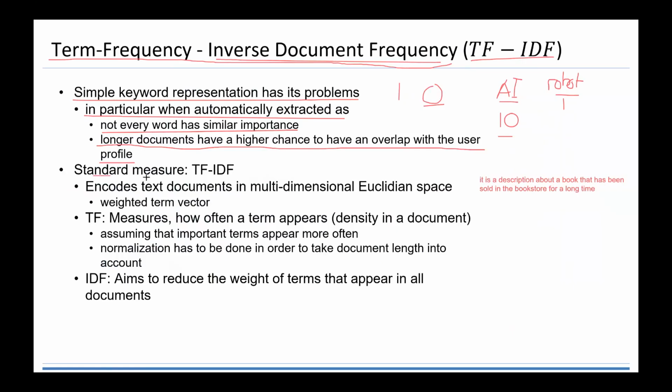So the standard measure we use is TF-IDF, and we have the encoding method. It means we are going to encode the text document into a multi-dimensional Euclidean space.